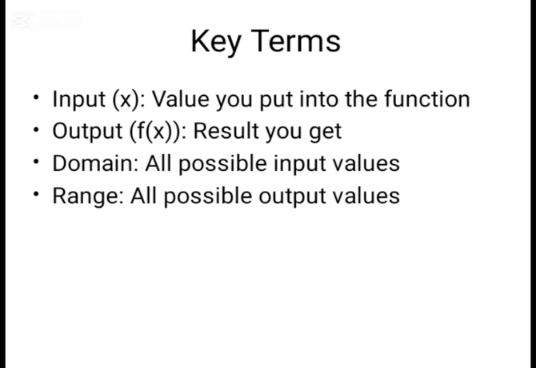So whatever the value of x, we get a different value of f(x). Another important word is domain. Domain means all possible input values, and range means all possible output values. So input goes in and output comes out.